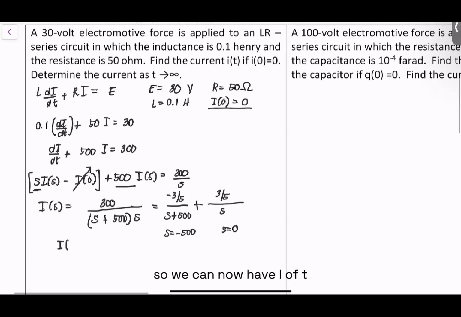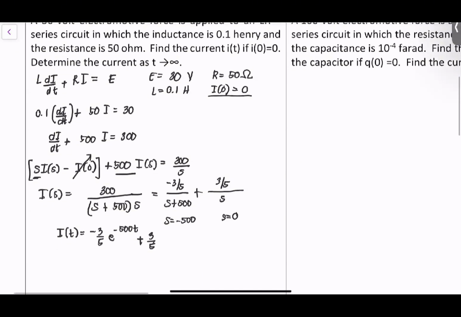So we can now have I of t equal to negative 3 over 5 e to the negative 500t plus 3 over 5. So this is the current at any time t in amperes. I of t can also be written as 3 over 5 times 1 minus e to the negative 500t amperes.